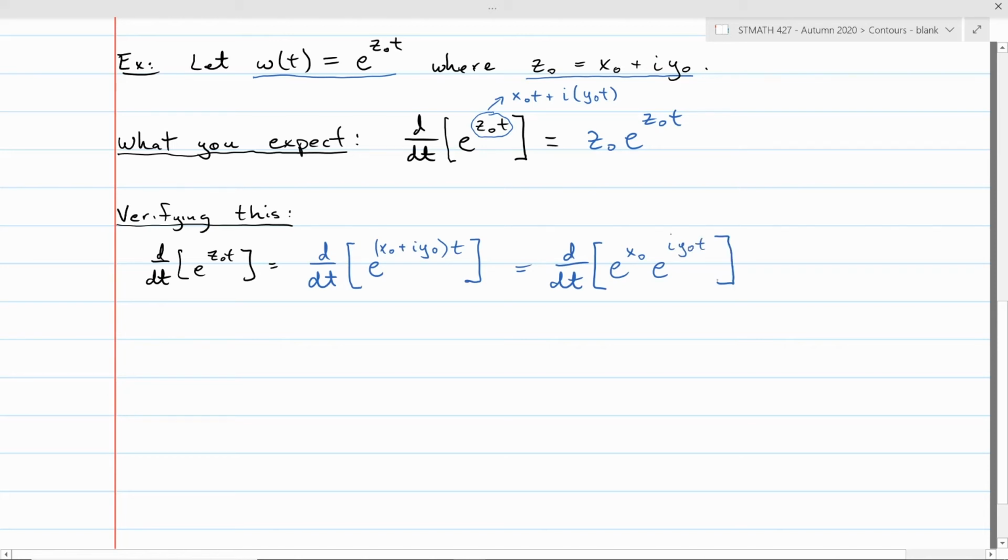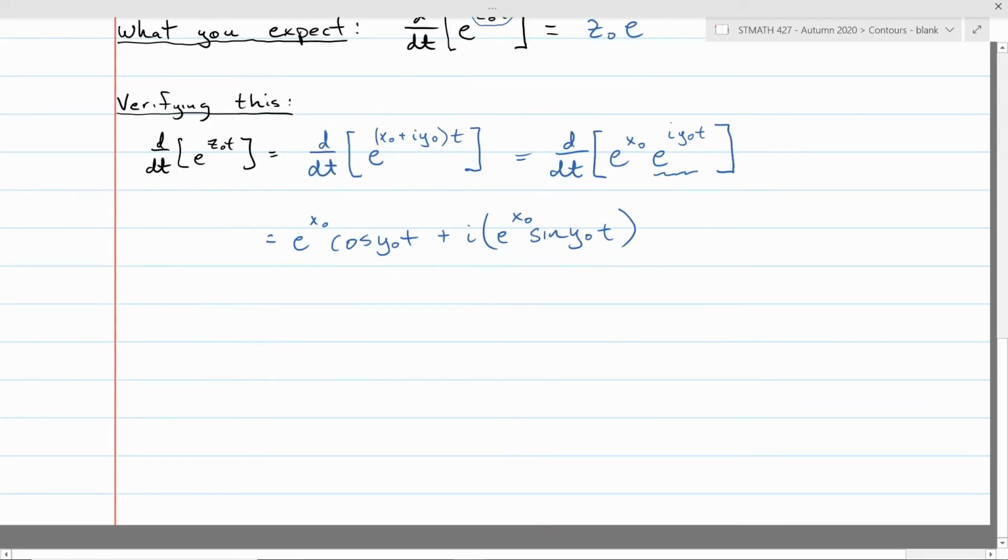And now you can take the e to the i y naught t and break it up into cosine of that angle plus i sine times that angle, and you end up with e to the x naught times cosine of y naught t, plus i times e to the x naught sine of y naught t. And I'm still trying to take the derivative of that. I haven't taken the derivative yet, so let me put my derivative symbol out here.